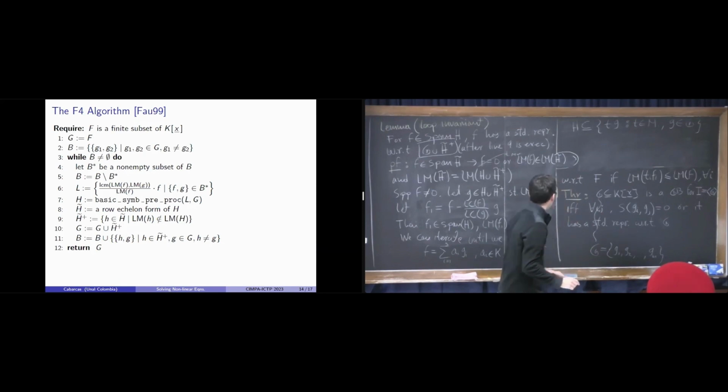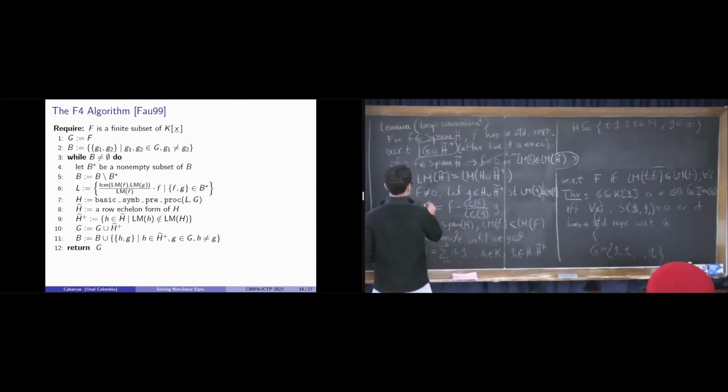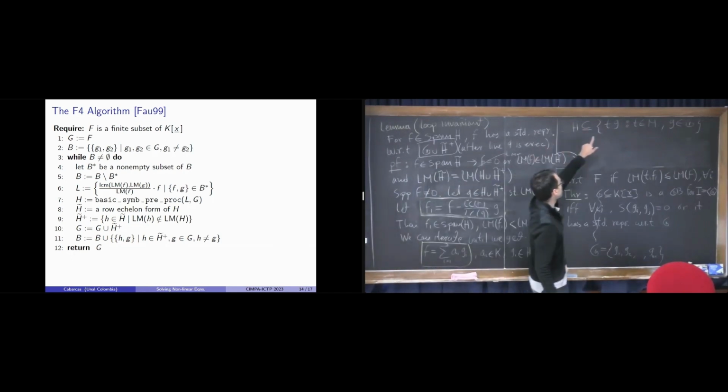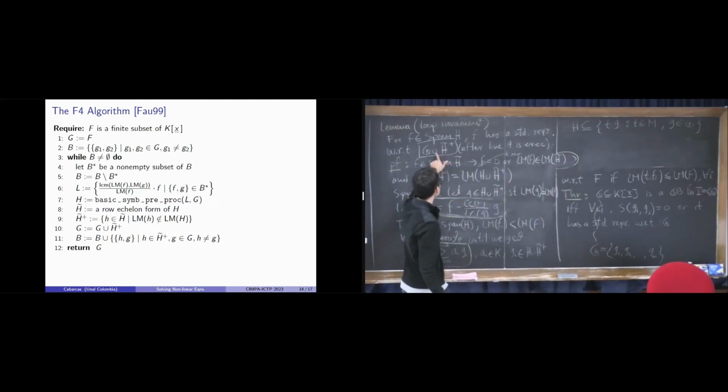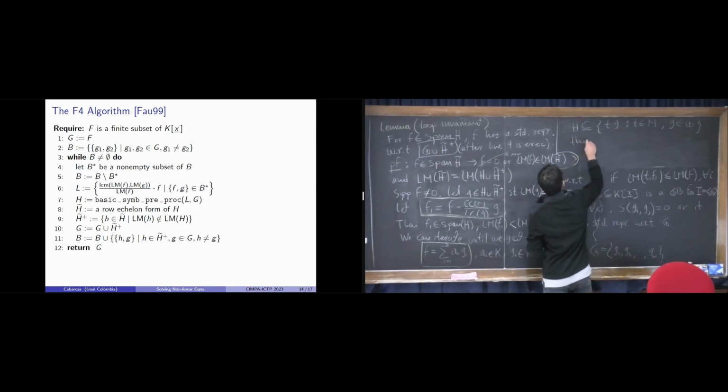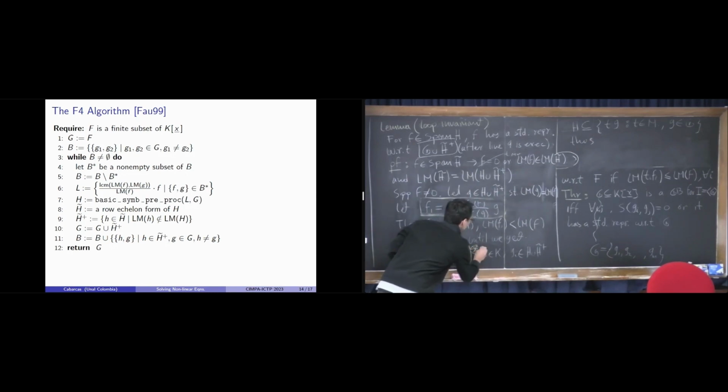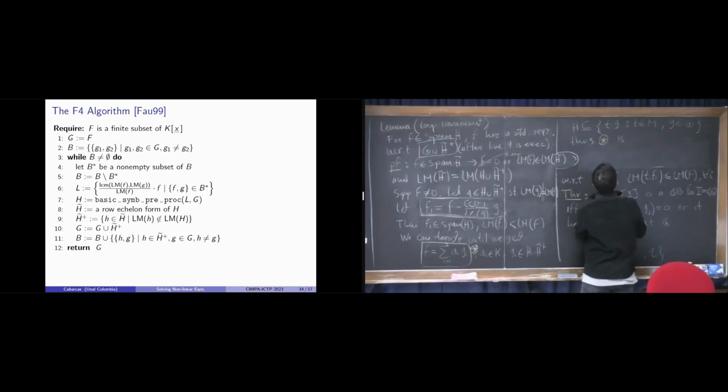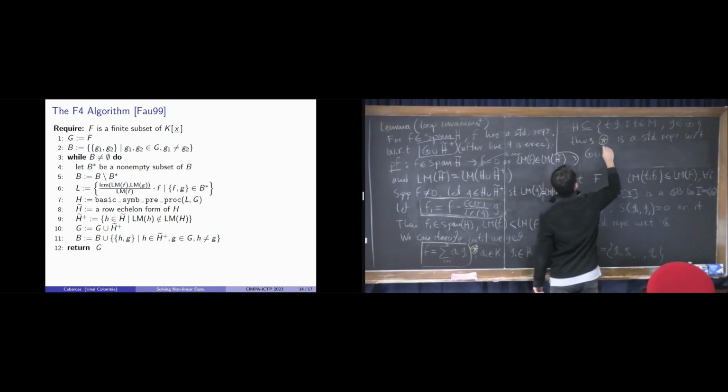So therefore, this thing here is a standard representation, because we have coefficients multiplied by polynomials, and polynomials are either in this form or they are directly in H tilde plus. This is a standard representation with respect to G union H tilde plus.